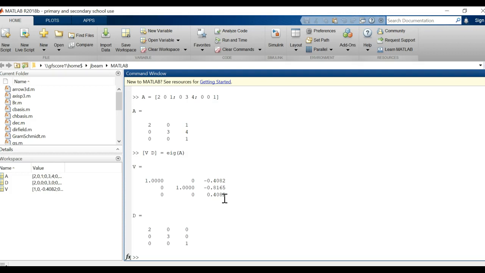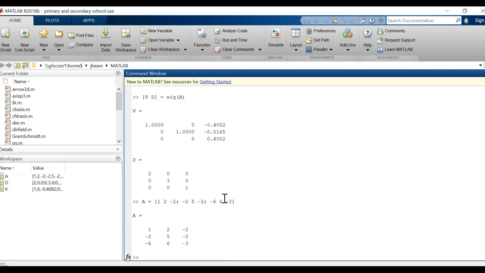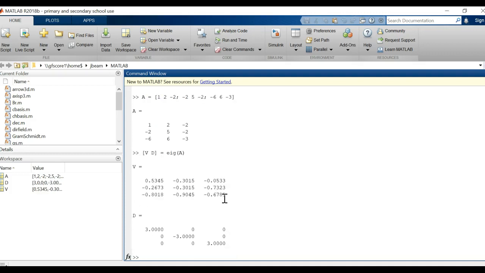All right, so let's look at number 4. The matrix that I get for 4 there is 1, 2, negative 2, negative 2, 5, negative 2, negative 6, 6, negative 3. So I run the routine on this, and you're going to see in this problem, you actually get a doubling there for the eigenvalue of 3.